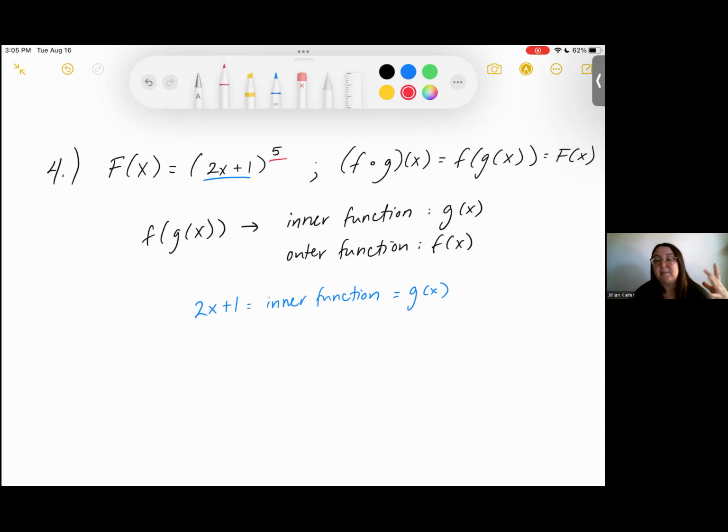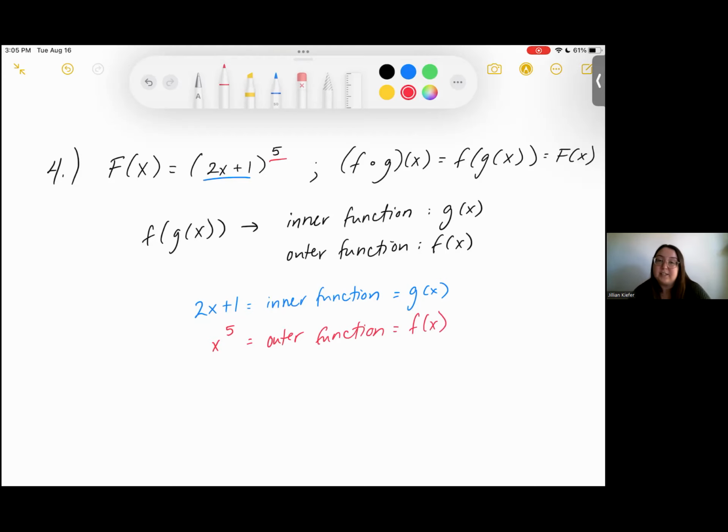Since the power of 5 is on the outside and we attributed the entire inner function to g of x, the outer function was most likely x to the power of 5. So x to the power of 5 is the outer function, which was f of x.